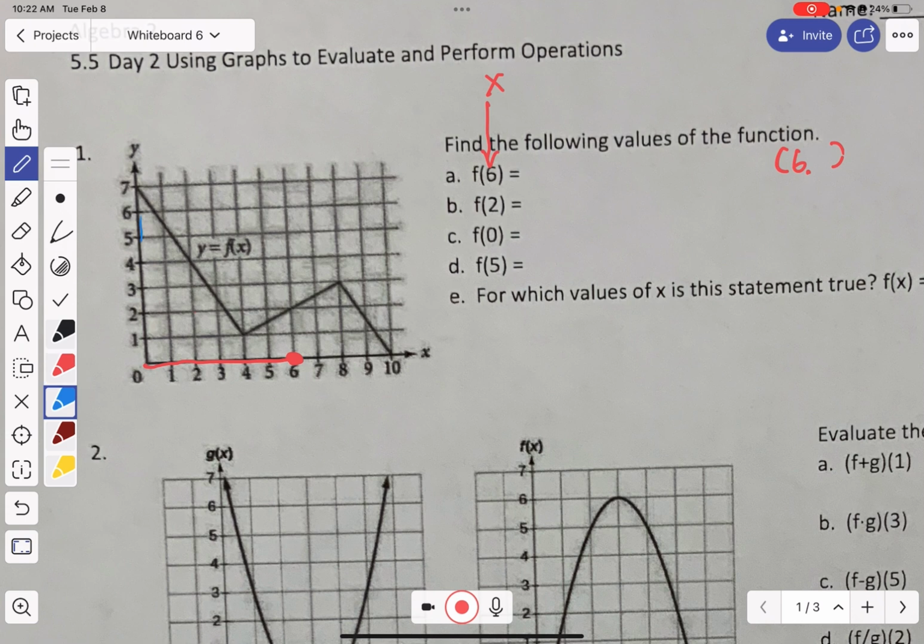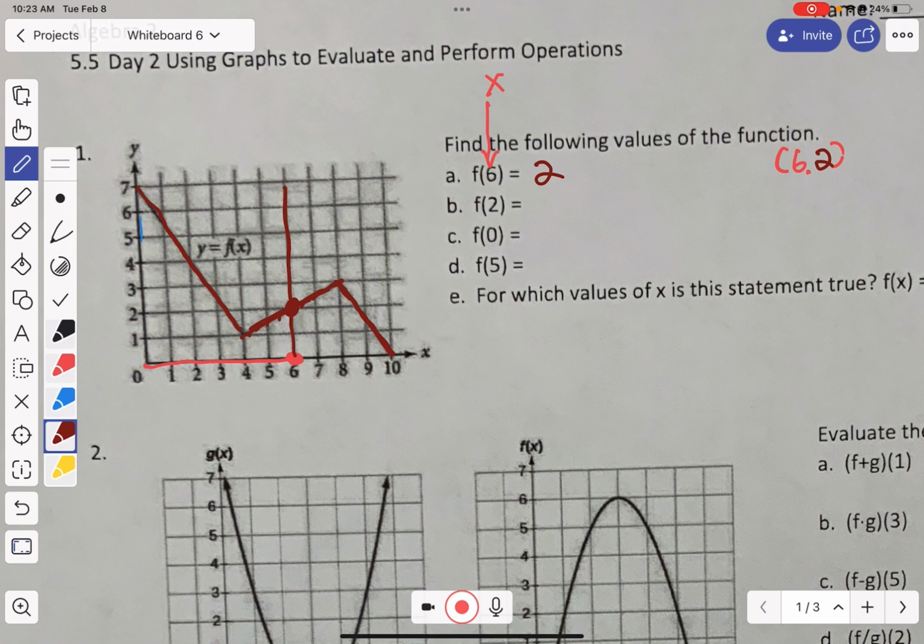Now I can just draw a vertical line, and where it meets the graph that they've given to us, that's going to be my y coordinate when my x value is 6. So f of 6 is actually equal to 2, because if I go over 6, then I have to go up 2 to connect with my graph. That's where I get the 2 from.